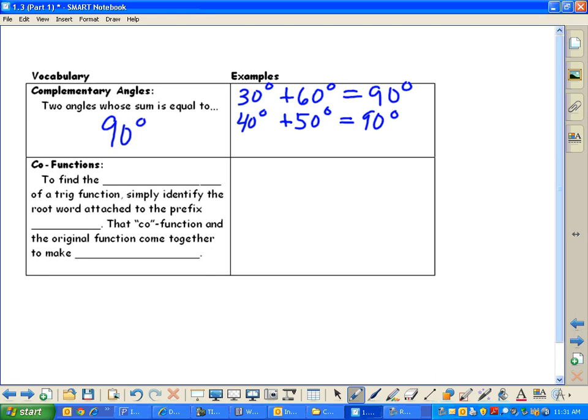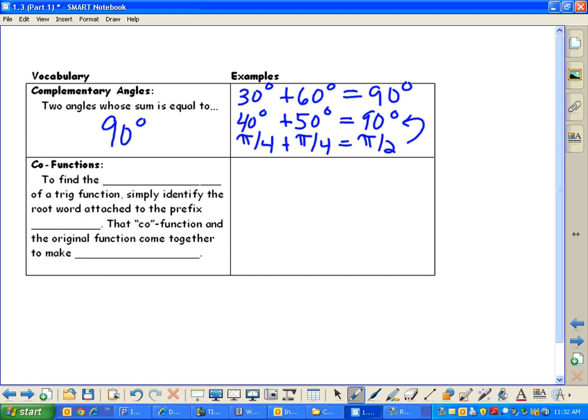You could pick like pi over 4 and pi over 4. If you put pi over 4 together with pi over 4, you get pi over 2, which is the radian equivalent of 90 degrees. And that was just to name a couple of examples. Really, any 2 angles that add up to 90 degrees or pi over 2 radians are going to fit in today's lesson quite nicely.